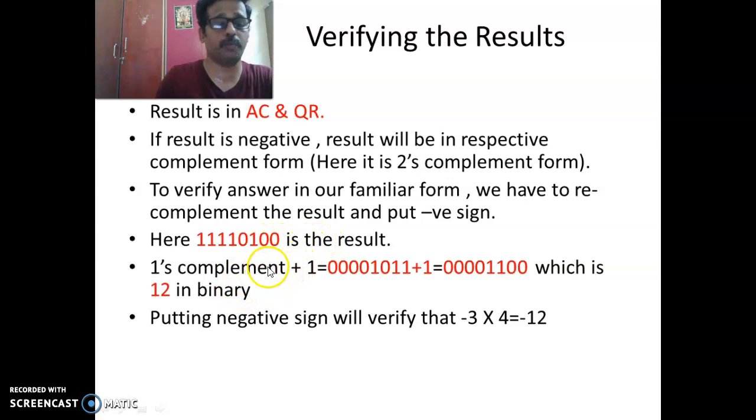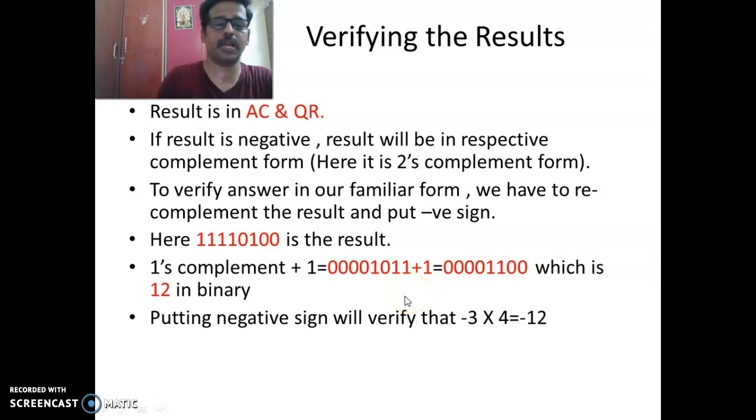What do you mean by 2's complement? 1's complement plus 1. The 1's complement of this number is 4 zeros followed by 1 0 1 1. Then plus 1 will give this result, that is 4 zeros followed by 1 1 0 0, which is nothing but the binary equivalent of 12, and we need to put the negative sign.